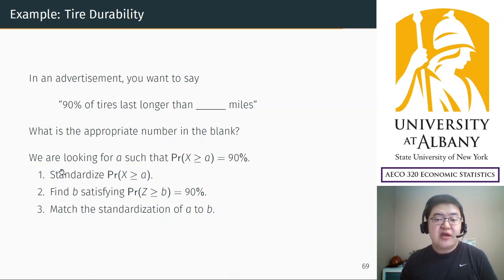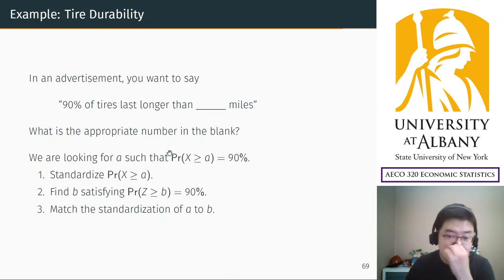Then we have to go through these 3 steps. First, standardize this probability. But the problem here is you are going to standardize A, but you cannot calculate the number because A is unknown. A is unknown at this point, but still you have to standardize. In the second step, we use the standard normal distribution that satisfies the same form using 90%.